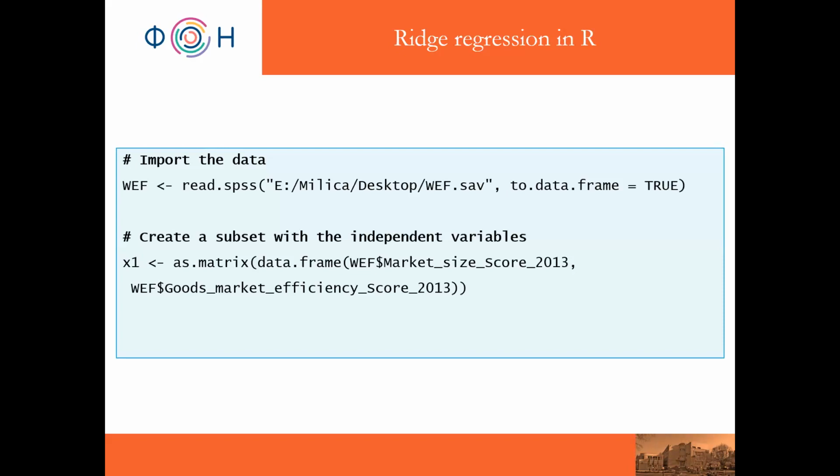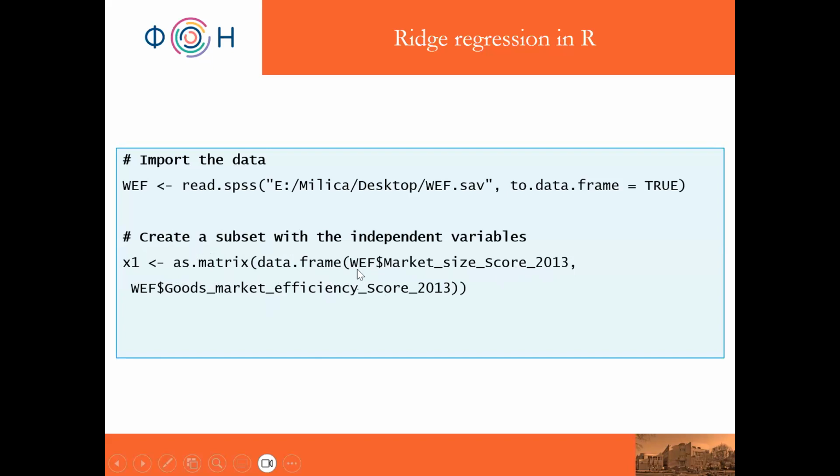So we are now going to create a matrix. Let's call it X1, a matrix with our data. We are using the function as.matrix. We are creating a matrix, which is in fact a data frame, and we are taking the two independent variables.